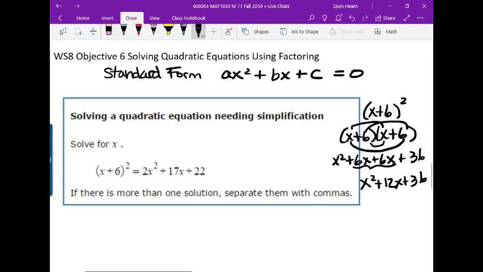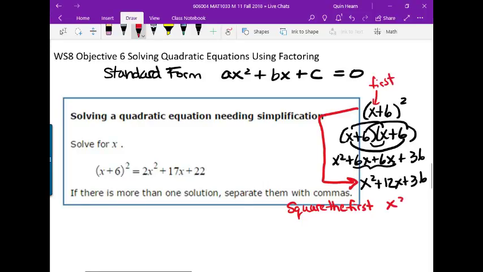Now, there is a shortcut to get from x plus 6 squared directly down to this guy here. And there's a nice little rhyme you can remember to help you get there. So the rhyme goes like this: square the first. And by first, we mean the first term. So the first term is the x.